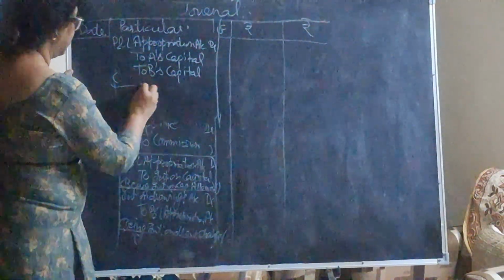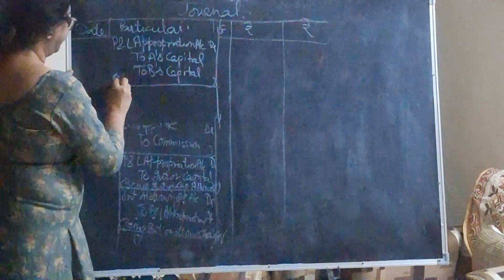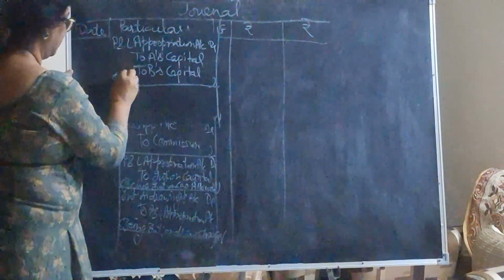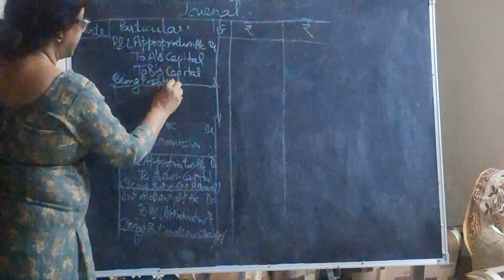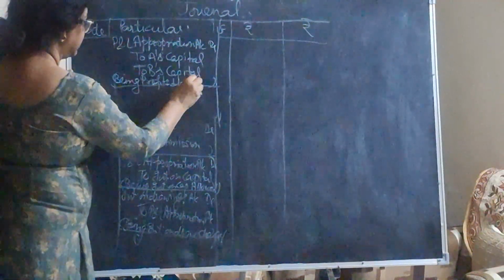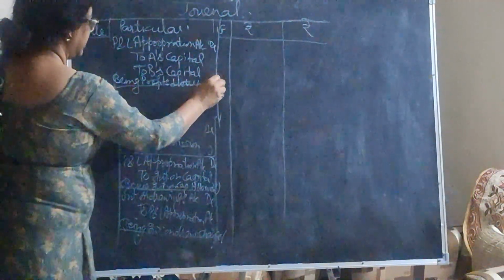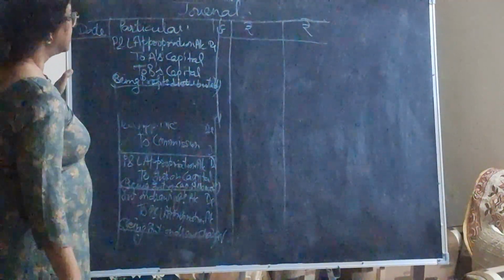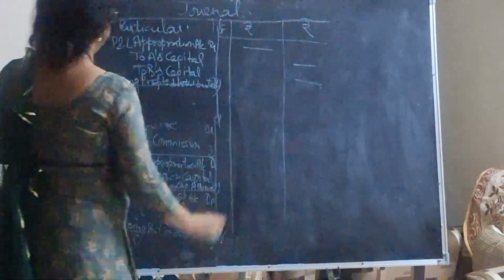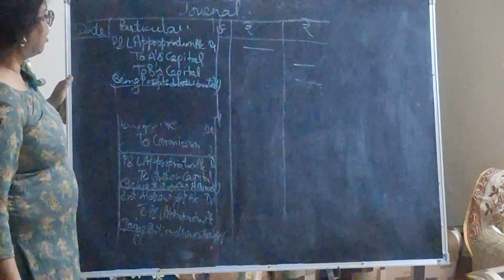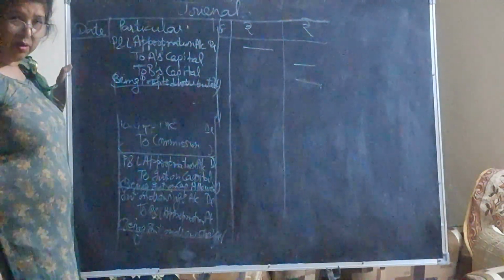So now here, being profits distributed. Okay. So here your debit entries amount in debit column and credit entries amount in the credit columns.